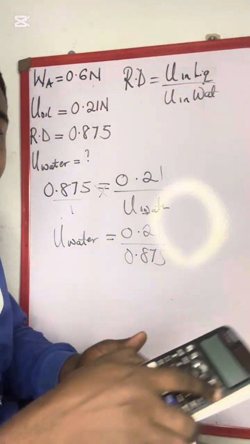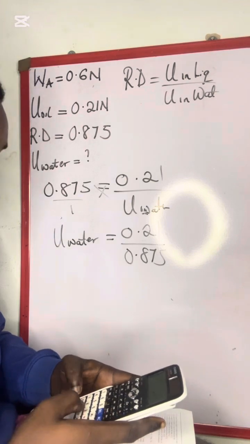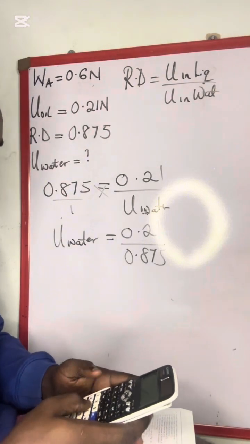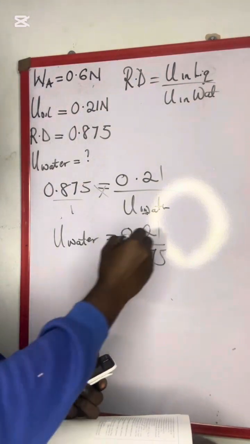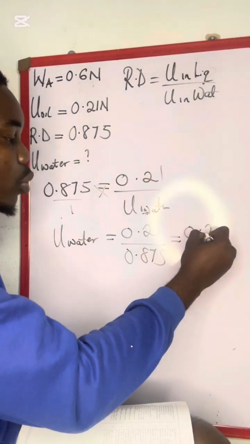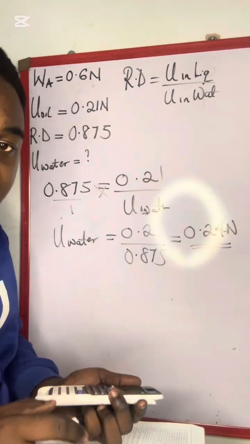Let's check that in our calculator. 0.21 divided by 0.875, and that gives you 0.24. 0.24 Newton, and that is the answer.